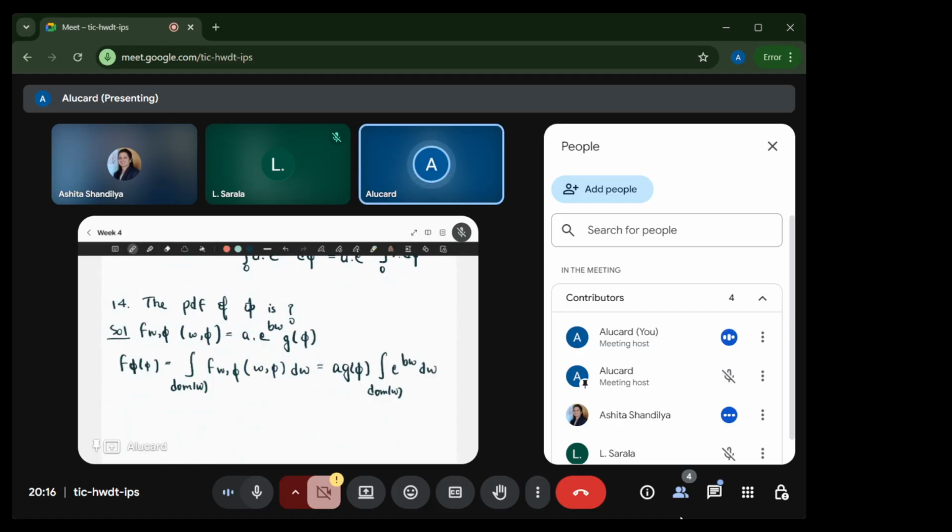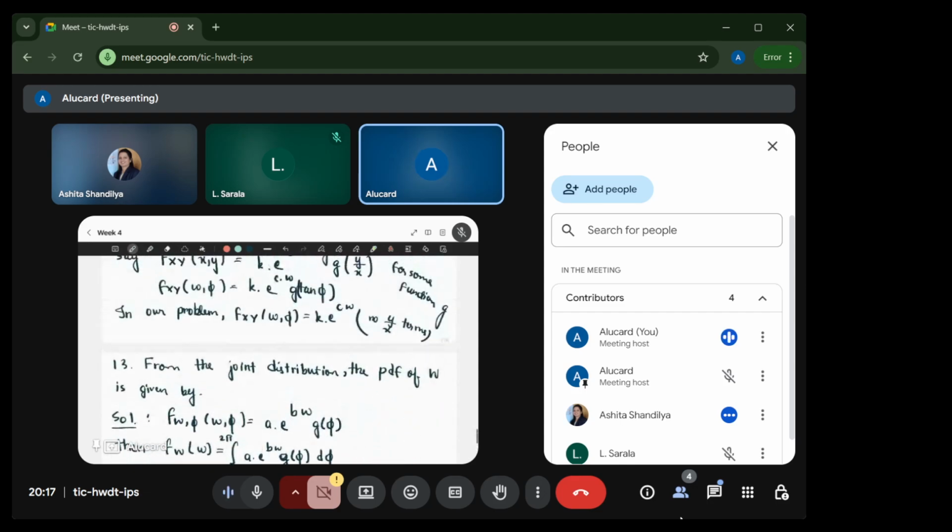Once you integrate that, you'll get your answer, and you can choose the right option. So this is the mathematical way of doing it, but of course, if you don't know what W, phi, x and y are, this is all you can do.